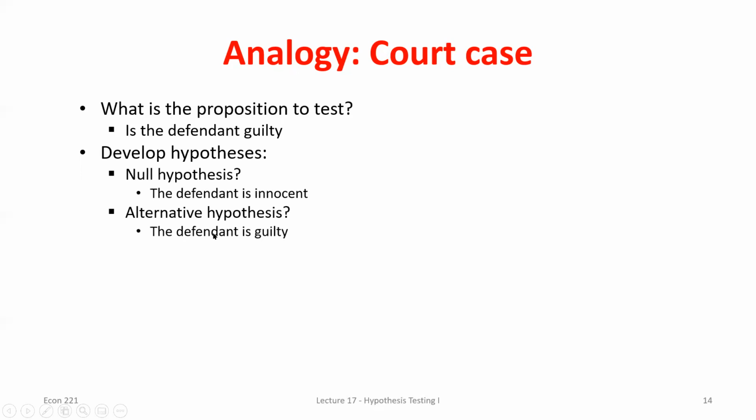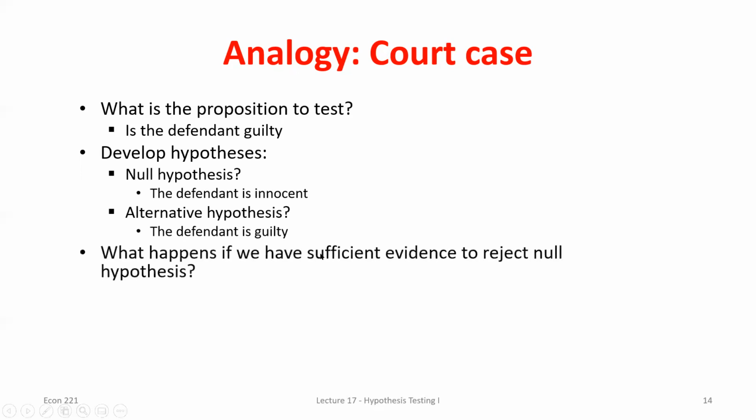So I then go out, and if I can find enough evidence that goes against that null, so I assume that you're innocent, but then I find the murder weapon in your home, you don't have an alibi, and the person who did you wrong ended up dead, right? You've got a motive. Well, all the evidence is pretty inconsistent with you being innocent, right? So we reject the null, and that person goes to jail.